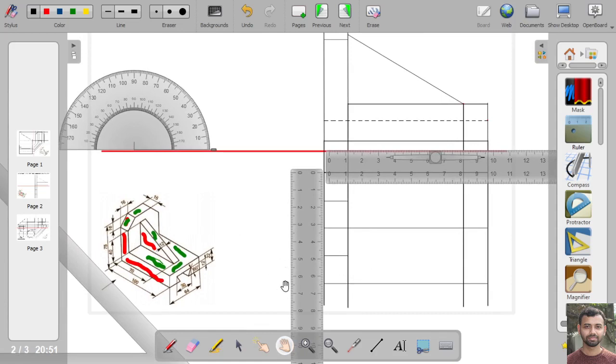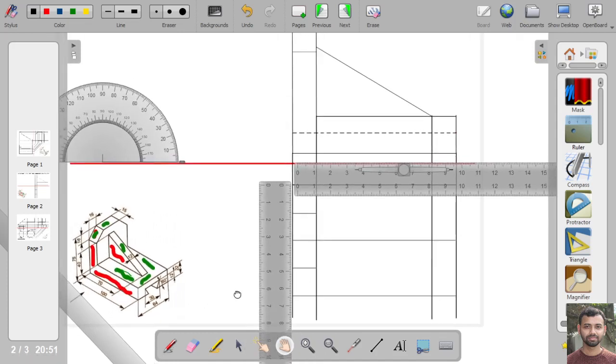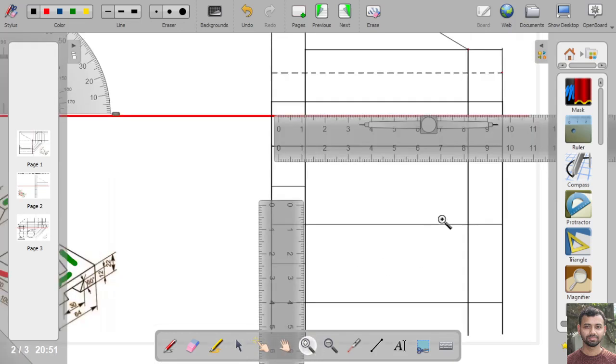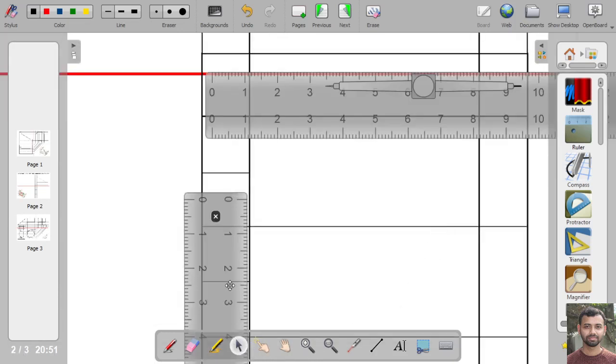To draw the 12 mm slant edge, it will be 6 mm on this side, and 6 mm on this side. Okay, then only it will become 12 mm.